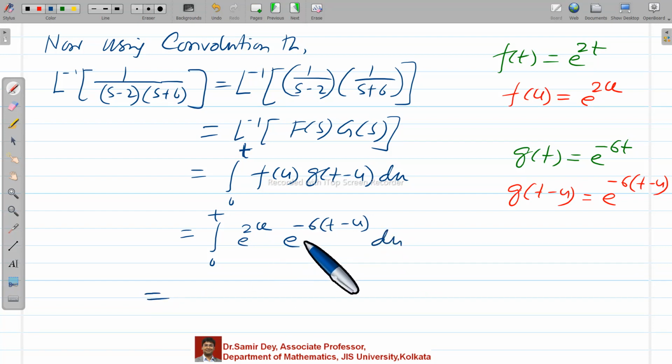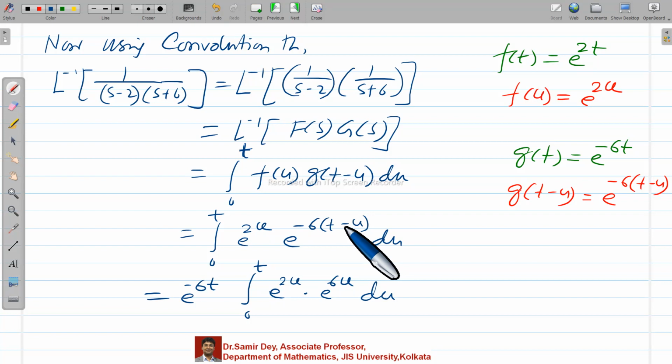So from here, e to the power minus 6t is a constant. So here it is coming e to the power 2u into e to the power 6u. Please check: minus of 6 into minus of u, that is plus 6u. Please check, everyone.